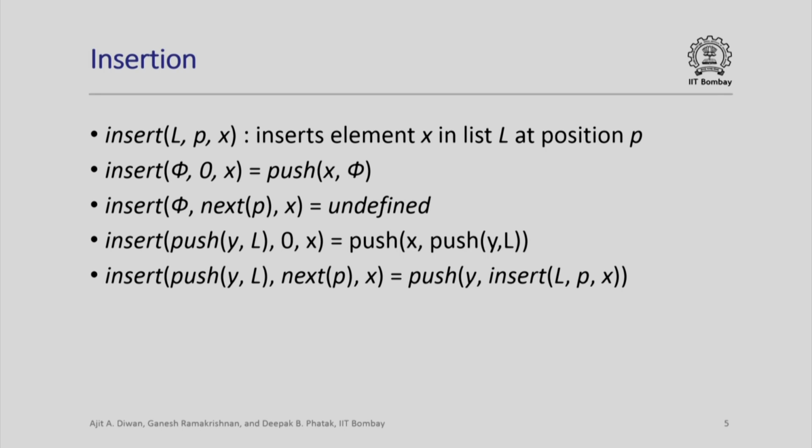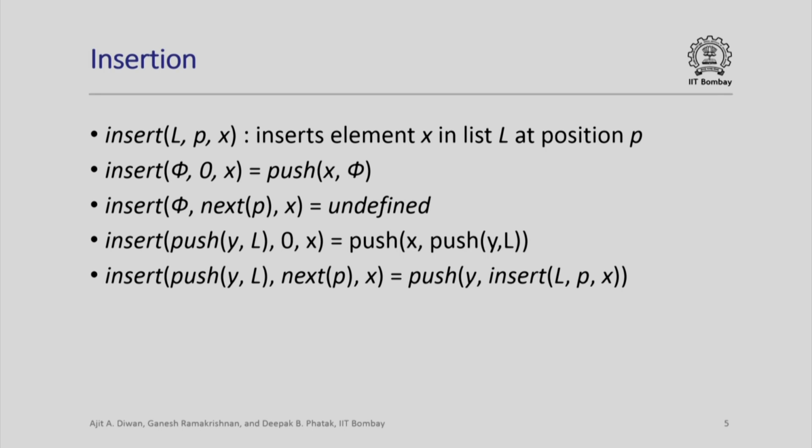Now, if you are inserting in a non-empty list push y comma L at position 0 the element x, we simply push x into that list. So, its value is push x comma push y comma L. Otherwise, if you are inserting at position next of p in the list push y comma L the element x, then we keep y at the 0th position.